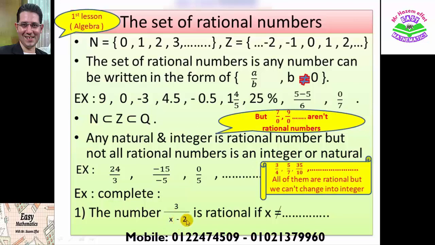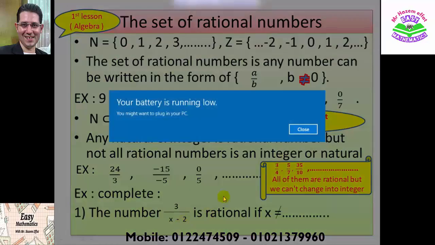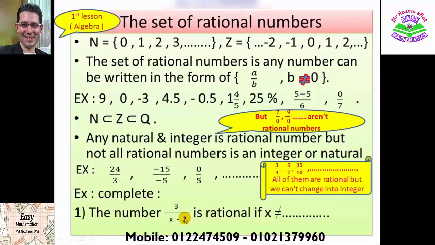Because we have here negative 2, we replace x here by positive 2, because 2 minus 2 equals 0, and if the denominator equals 0, it means this isn't a rational number, but we say this is a rational number. So x here must be not equal positive 2.